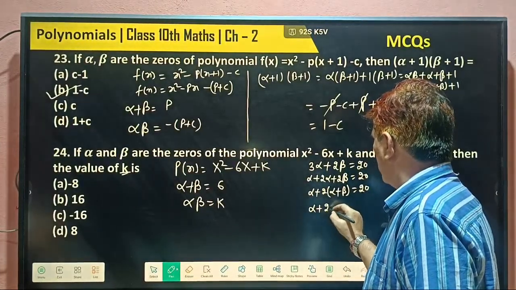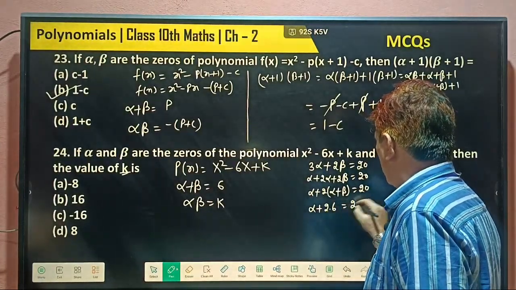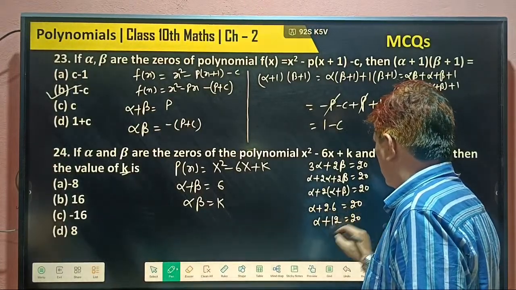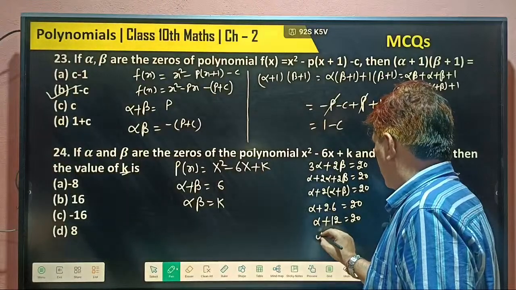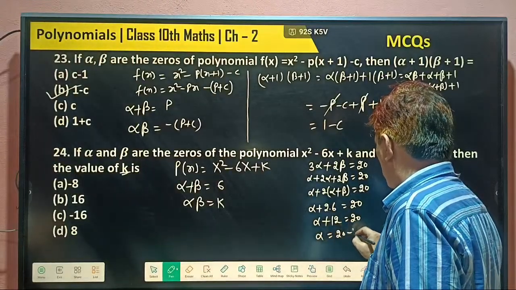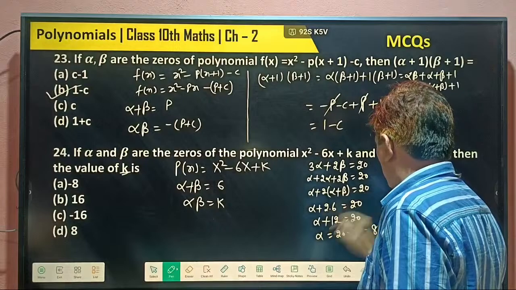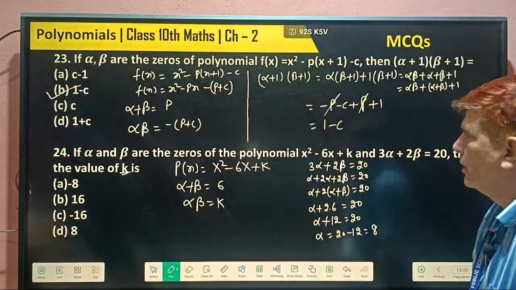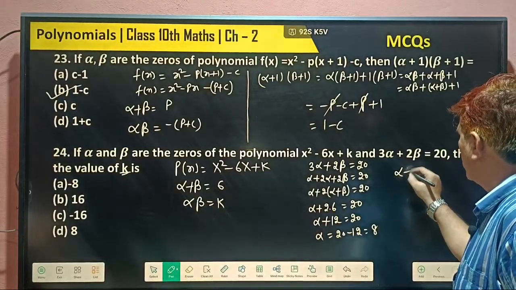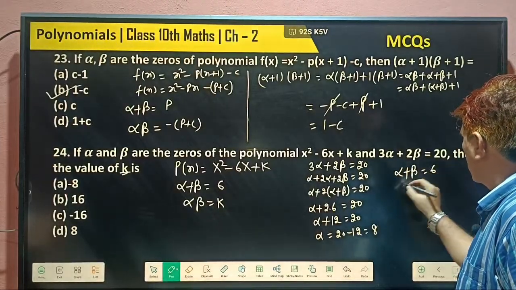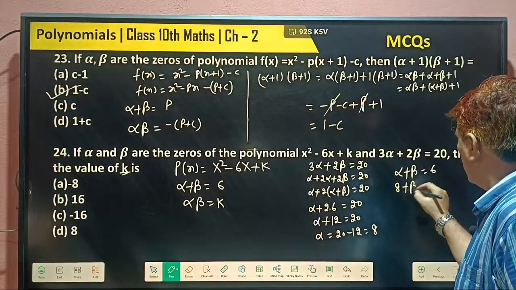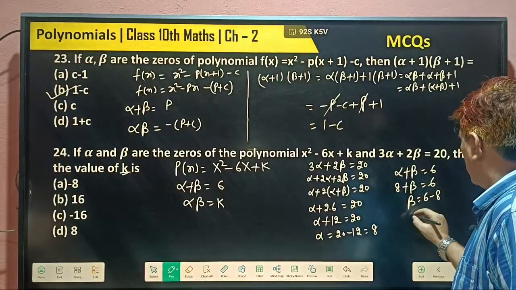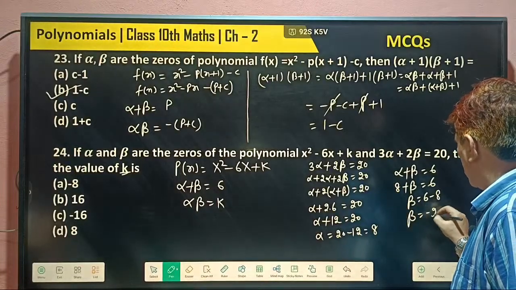Alpha plus 2 into 6 is equal to 20, so alpha plus 12 is equal to 20. So alpha equals 20 minus 12, which is 8. And what's given? Alpha plus beta is equal to 6, so 8 plus beta equals 6, so beta equals 6 minus 8, so beta equals minus 2.